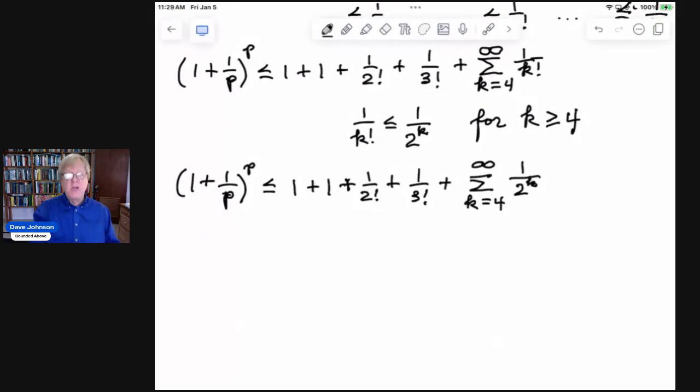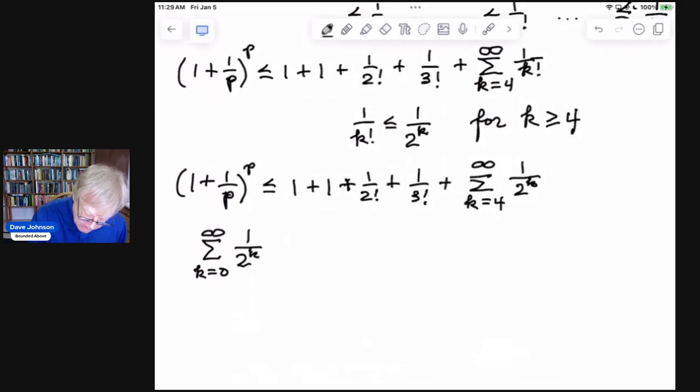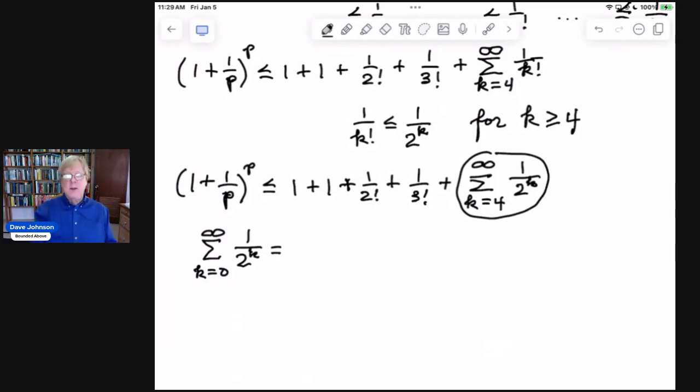But I'm going to do a little trick here. Let me start the sum from 0. So this is going to be k equals 0 to infinity of 1 over 2 to the k. Now we're only interested in this part of it here. So let's expand the 0th, 1st, 2nd, and 3rd terms.